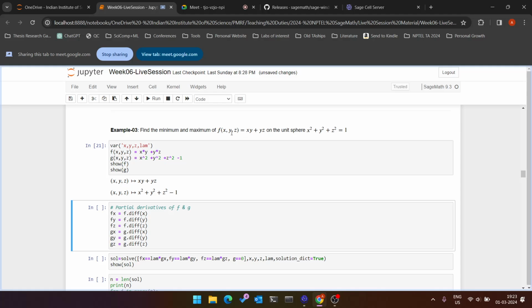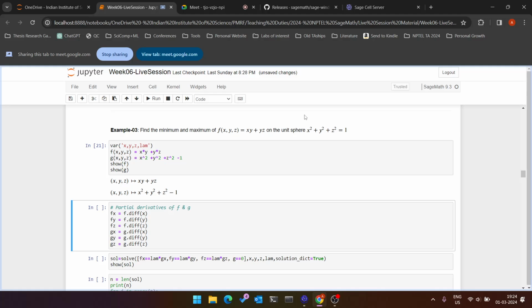Next, to minimize or maximize a function f with the constraint provided by function g, we basically write down the composite function f of xyz plus or minus lambda of g of xyz.